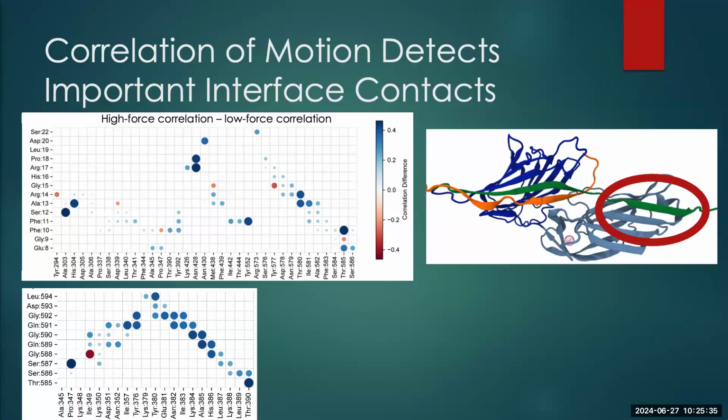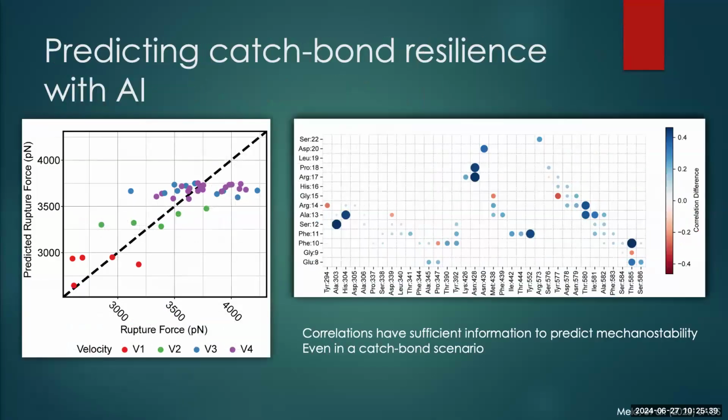Only using that, no physical chemical data at all, you can create training data and train a few different machine learning models to predict something that we know, which is the rupture force, right? Because we're pulling these proteins apart. They do detach at some point, and you know the force that you use to detach them. So you can do that at different velocities like we did here. They would detach over a huge range of forces, and then you can try to predict, can I predict what the force is if I know what the correlations are?